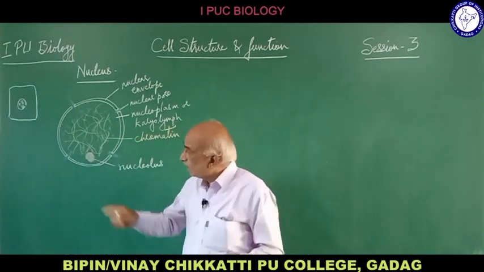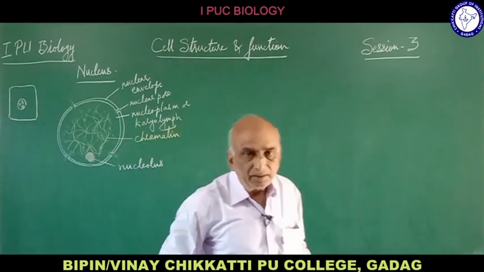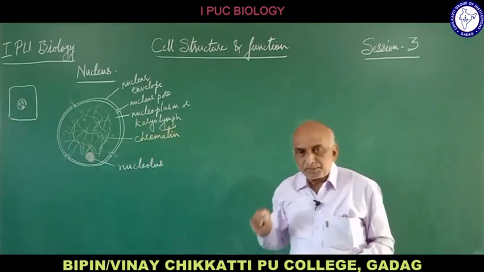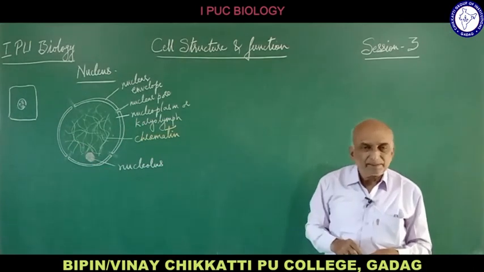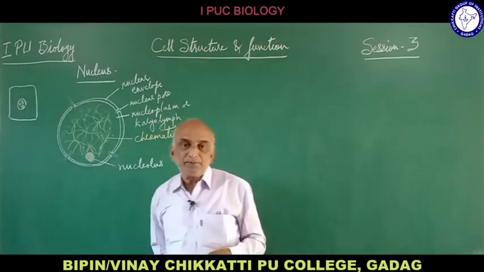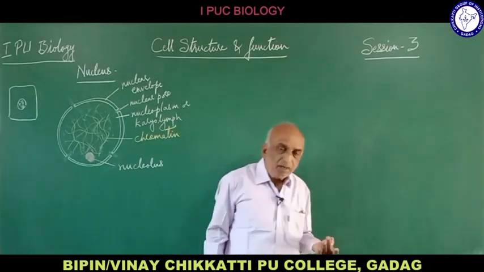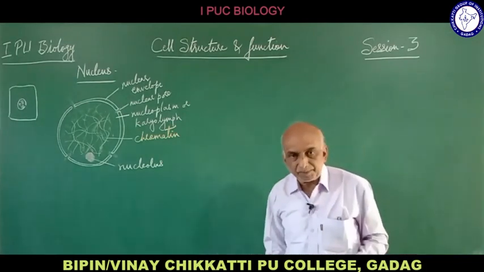Now in a cell, usually a single nucleus is present, and this nucleus is usually located in the center of the cell. Sometimes it may be towards the periphery or away from the center of the cell, as in some plant cells, for example in parenchyma.